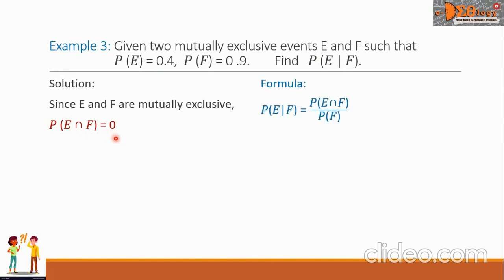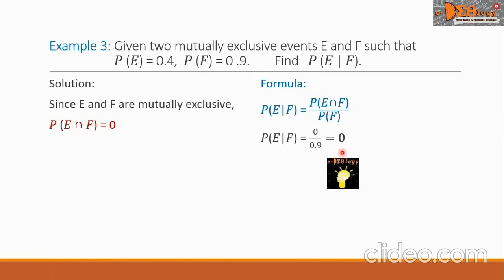Now, using our formula to find the conditional probability P of E given F, we will substitute the value 0 in the numerator over the P of F, which is 0.9, and the answer is 0. This is our final answer.